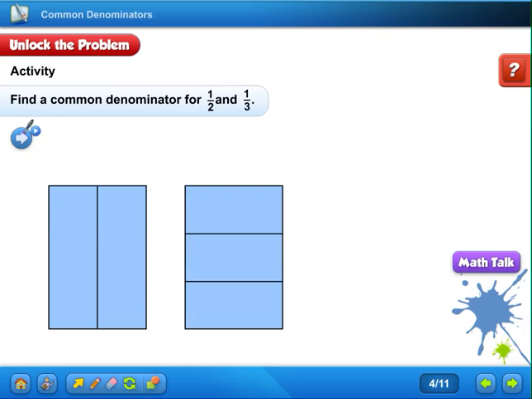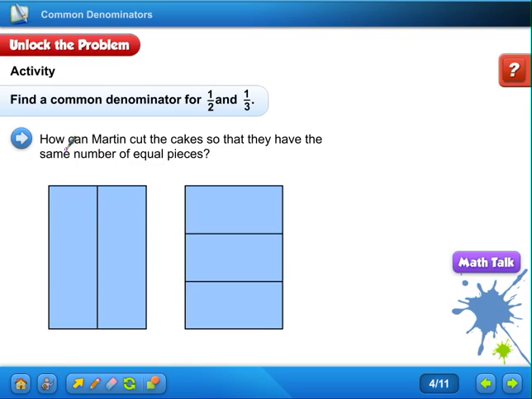Oh, they drew it for us all nice. Again, we're trying to find a common denominator, trying to get the denominators the same. Trying to find something that is the same. How can Martin cut the cakes so that they have the same number of equal pieces? How could he do that?